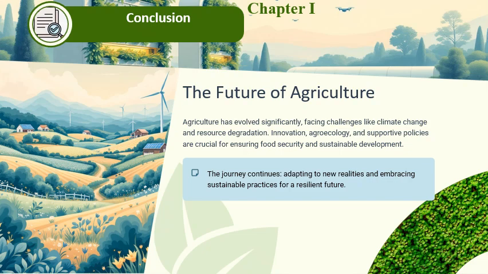For this reason, the future of agriculture depends on innovation, agroecology, and supportive public policies that can promote both productivity and sustainability. The journey of agriculture is still continuous, and the key challenge for the future is to adapt to new realities while building a more resilient, efficient, and sustainable agriculture system.